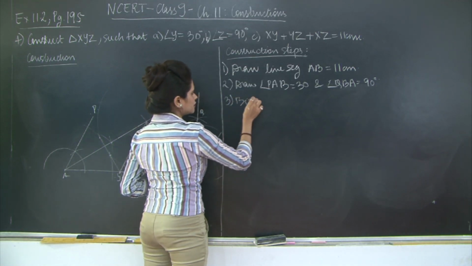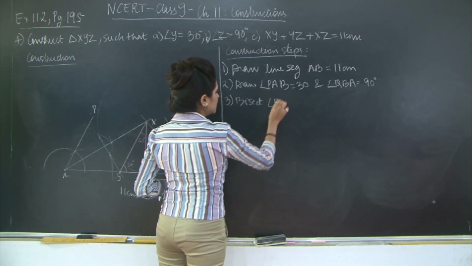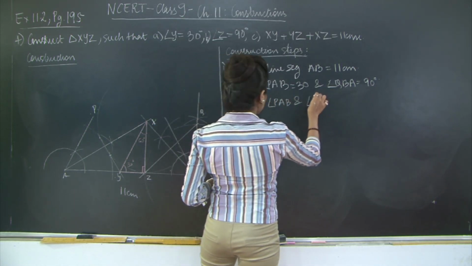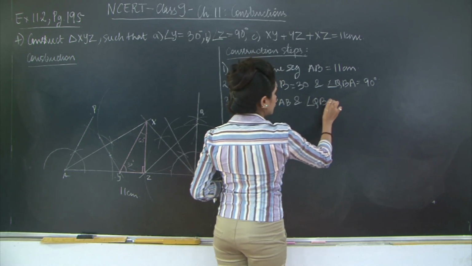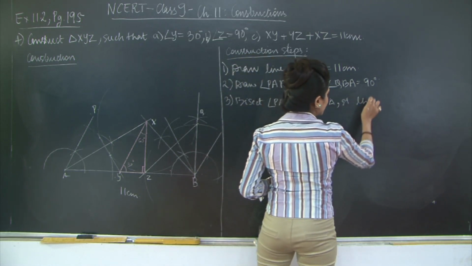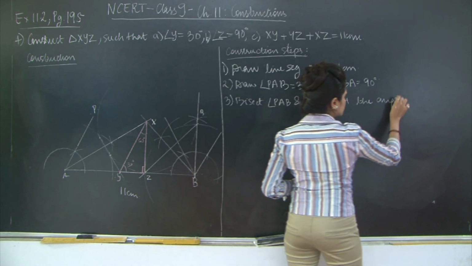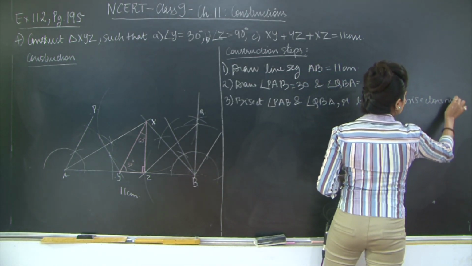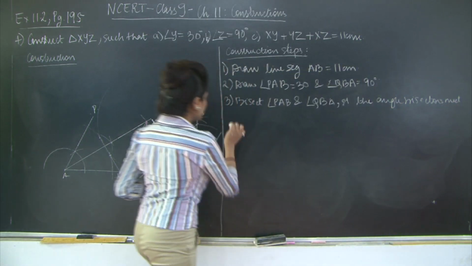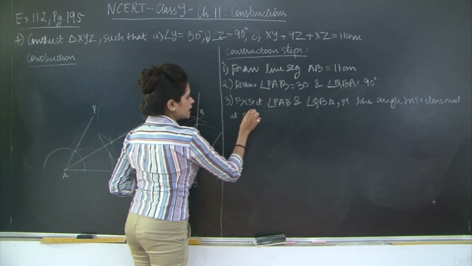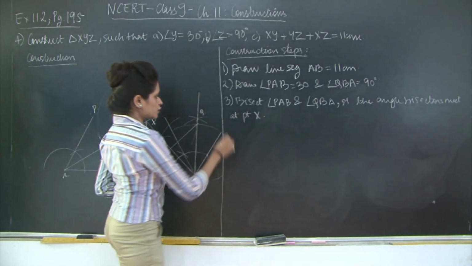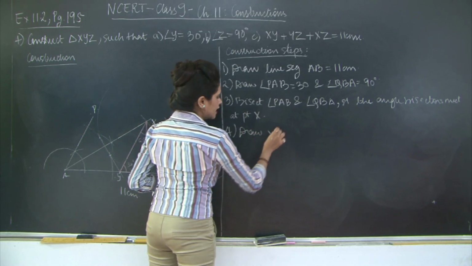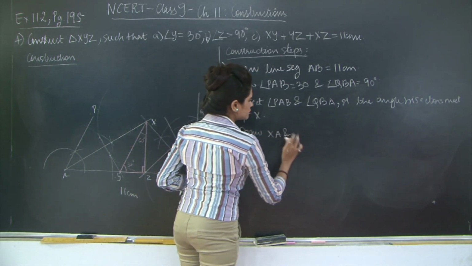Bisect angle PAB and angle QBA such that the angle bisectors meet at point X. Then what you are going to do? You are going to draw XA and XB.